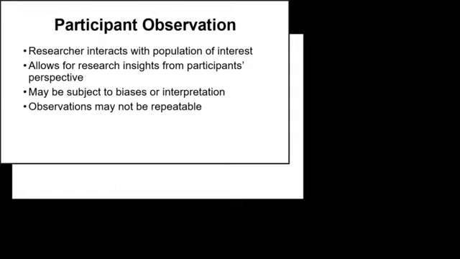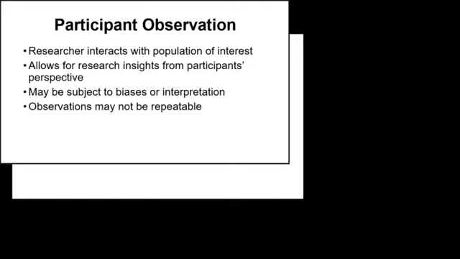Our next type of descriptive study is participant observation. And this has a lot of overlaps with the naturalistic observation, which hopefully the names kind of hint at. But in this case, we have our researchers directly interact with the population of interest by basically becoming a participant themselves. So this is really good if you're trying to study a particular group.